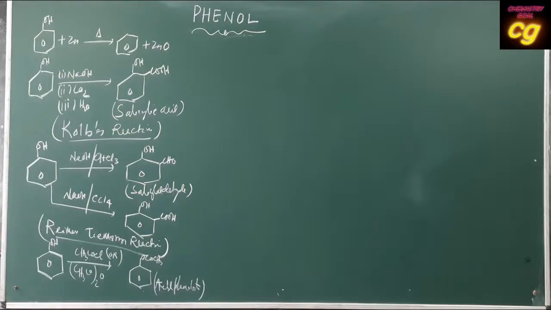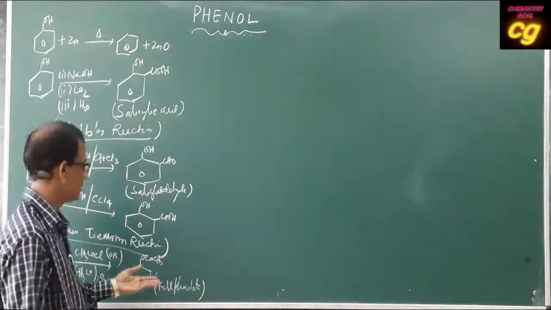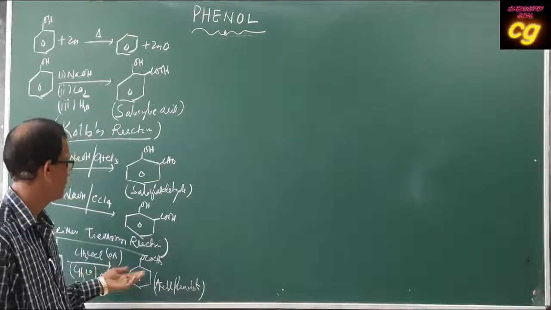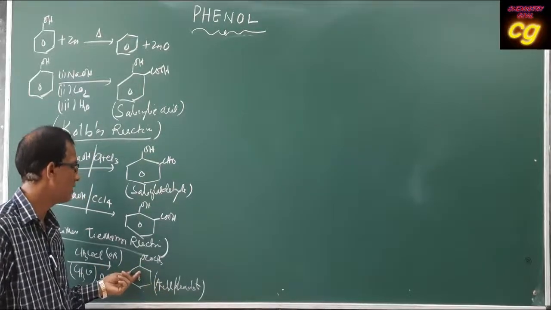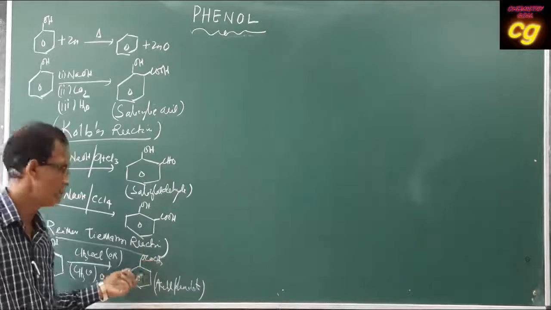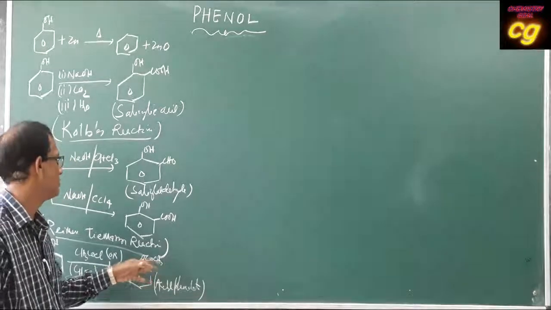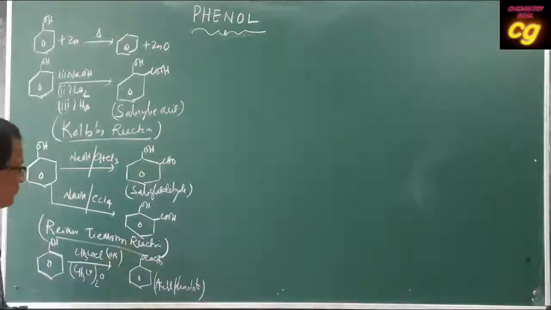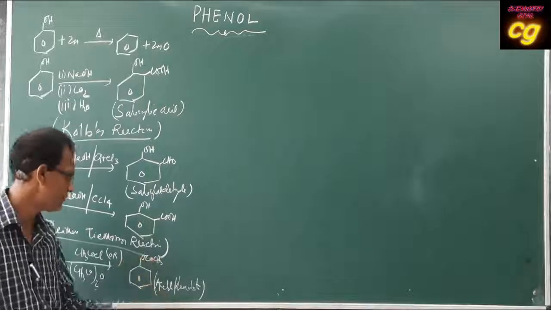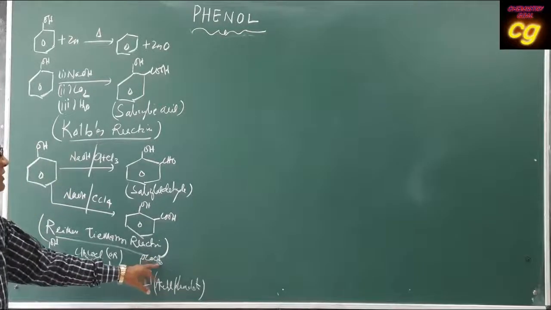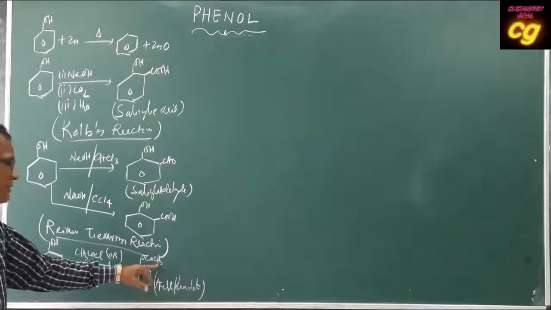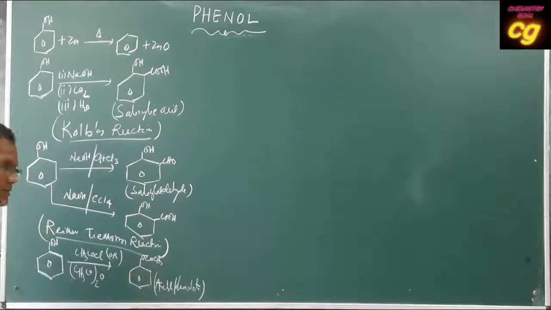So we can call this phenyl ethanoate. This is an ester, CH3COOC6H5, phenyl ethanoate or phenyl acetate. If it is the acetyl derivative of phenol, you can call it phenyl acetate.